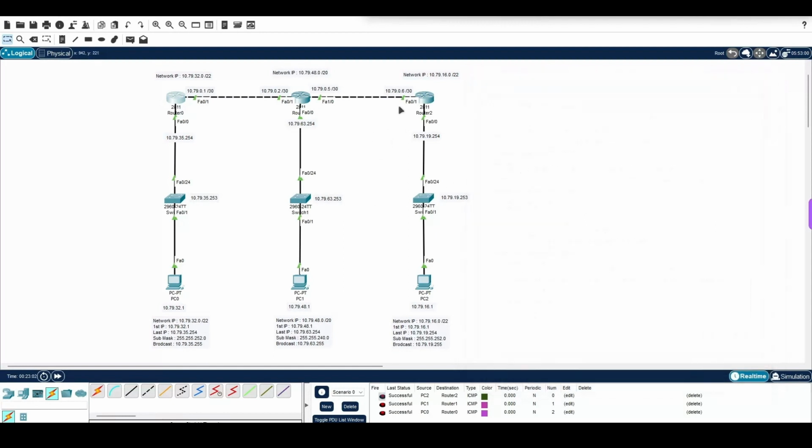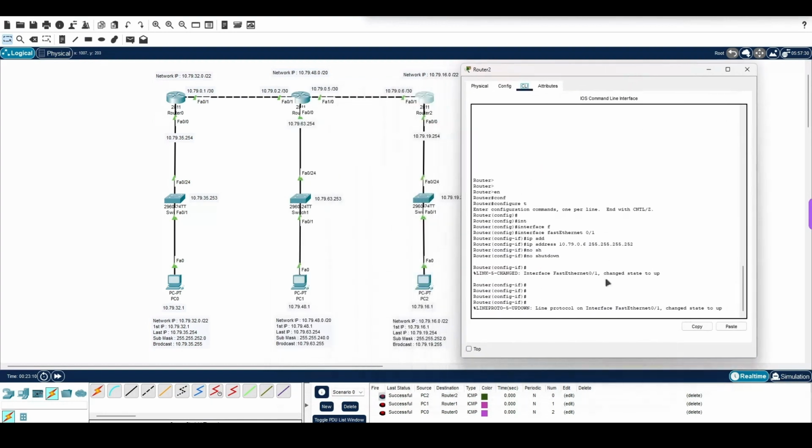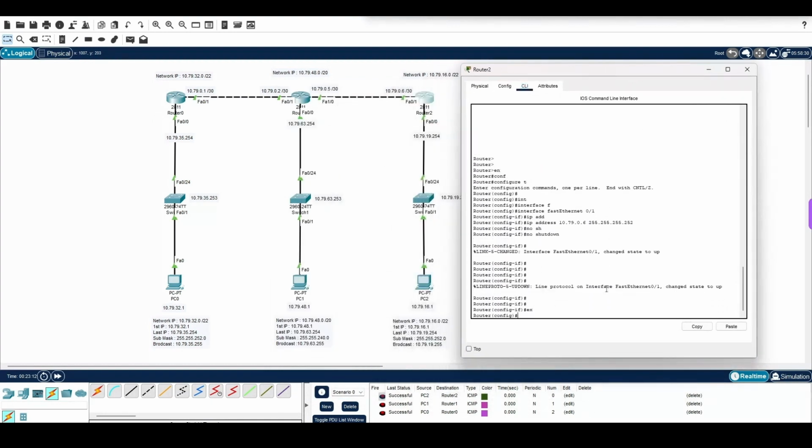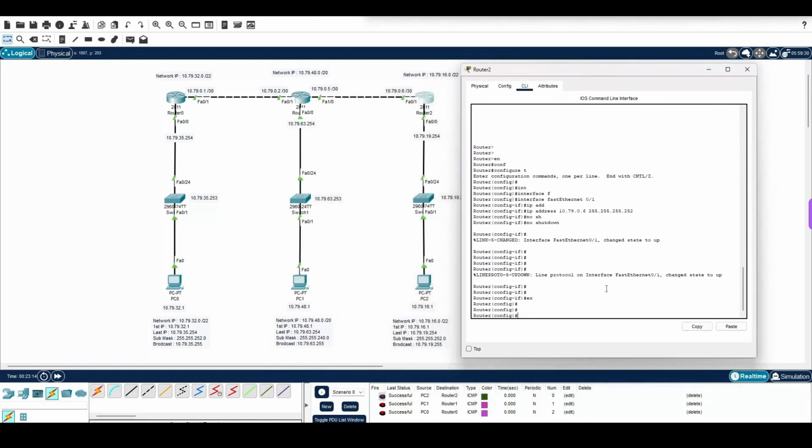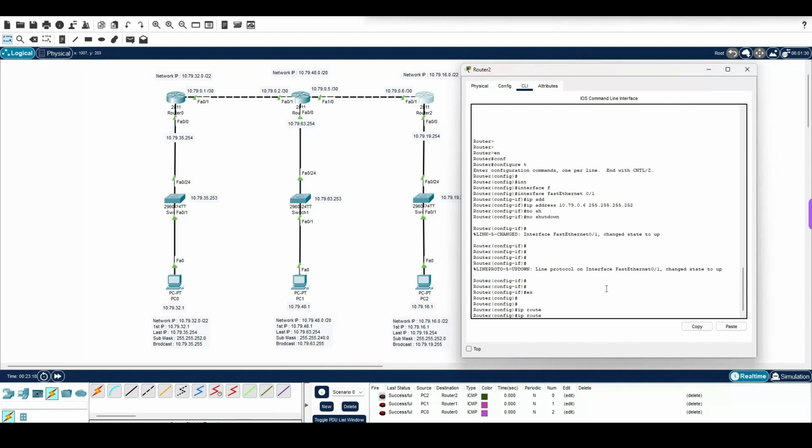Okay. Right now we only need to do the IP routing command, and that will be everything we need. So let's start with branch B. To do that, we will do ip route.